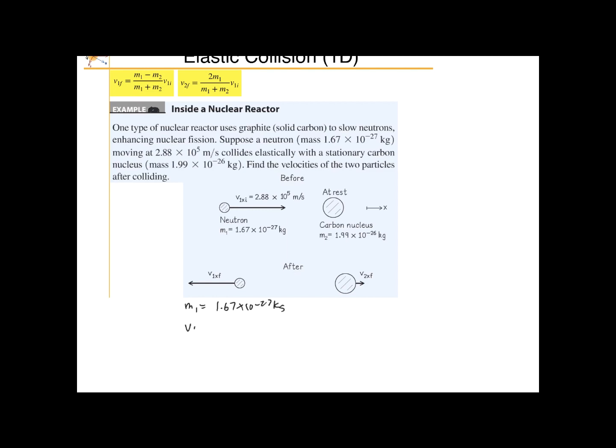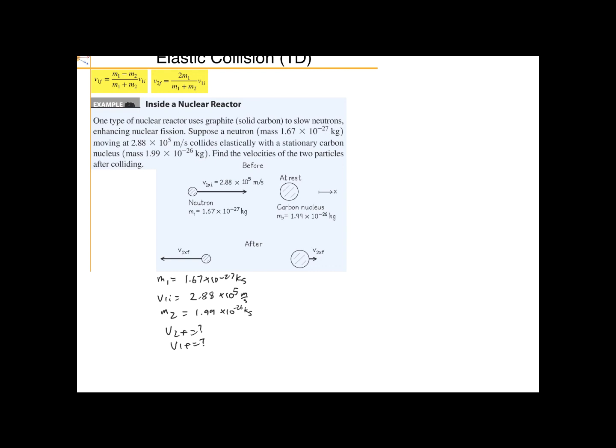We have V1 initial is 2.88 times 10 to the 5 meters per second. We have the mass 2, that's of the carbon nucleus, 1.99 times 10 to the minus 26 kilograms. And we want to find V2 final. We want to find how fast they are moving after the collision.